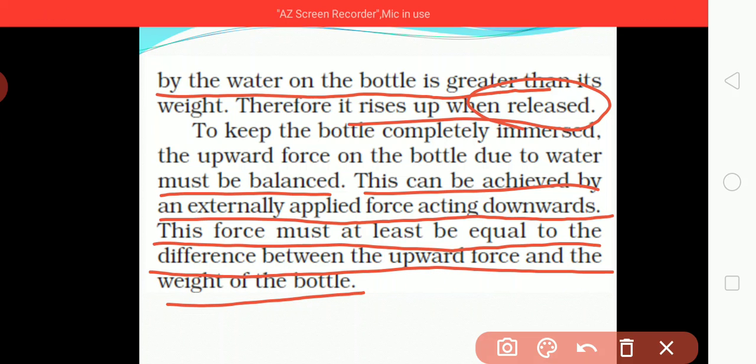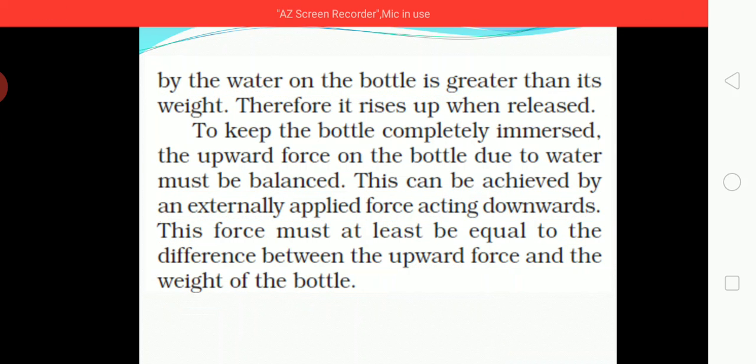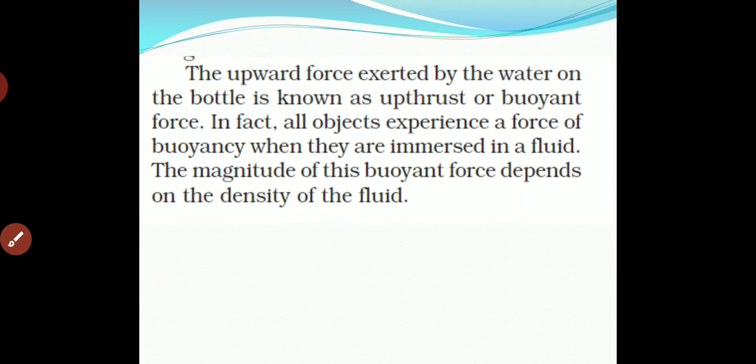The force should be sufficient to overcome the upward force, and then and only then can it sink. If an object has to sink in water, it first needs a sufficient amount of force to overcome the upward buoyancy force.